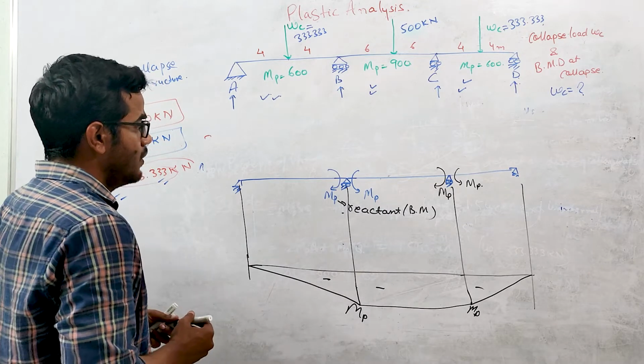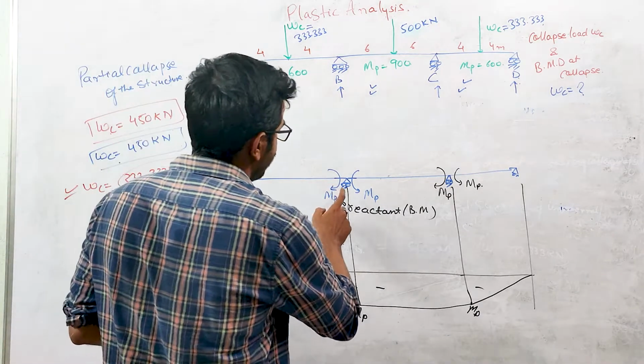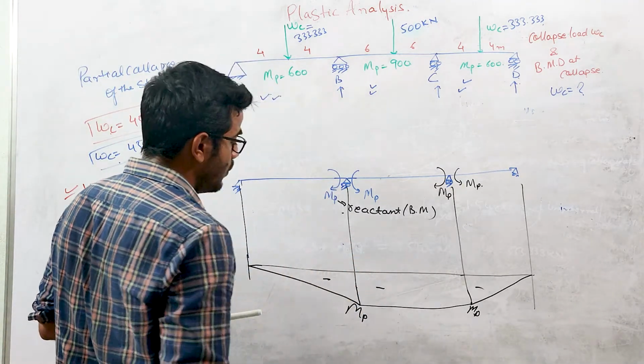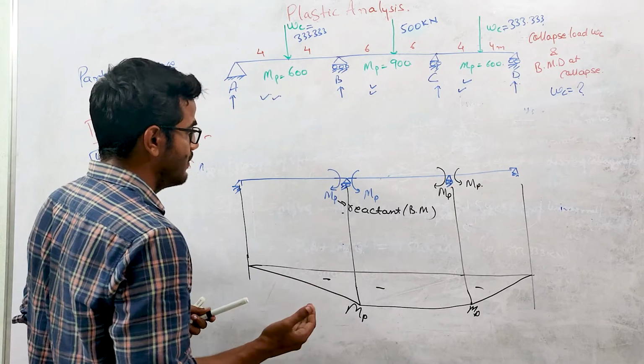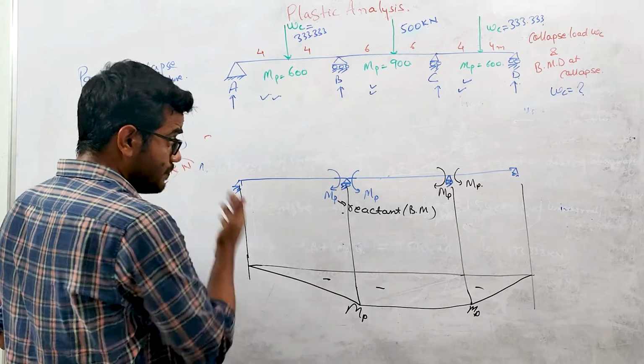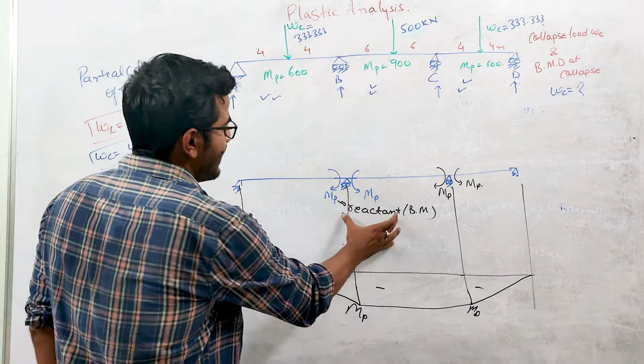So let us draw the bending moment diagram at the collapse. At this end we know what the bending moments are. These are basically the reactant bending moments.